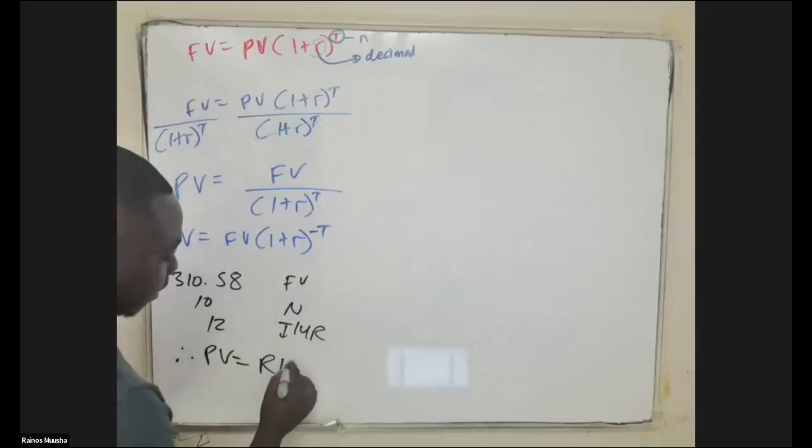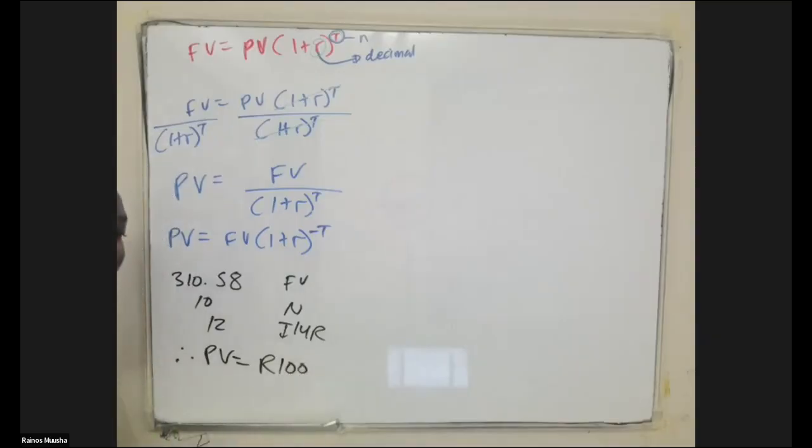Remember what we said, the sign of your answer doesn't matter. If it comes out as negative, you always treat it as a positive answer. Whether the answer comes out as negative or positive, it doesn't matter. The only time the sign of your answer matters is when you're calculating the net present value. The reason why it doesn't matter is that the sign of the answer is basically confirming movements of cash flows.